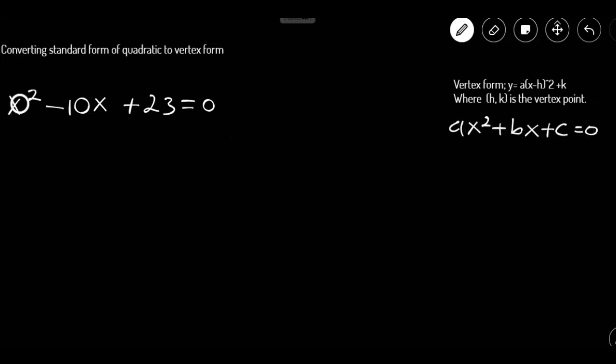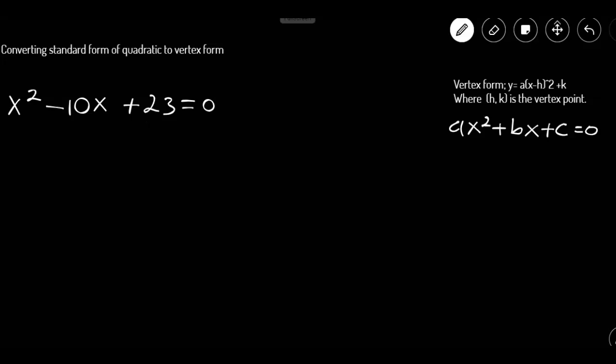So this is the question that we have been given: x squared minus 10x plus 25. If we want to convert this standard form into a vertex form, we are going to use the technique of completing the square. We have dealt with that in one of the earlier videos, so this is to review a little bit, because we are going to speed up the procedure here.